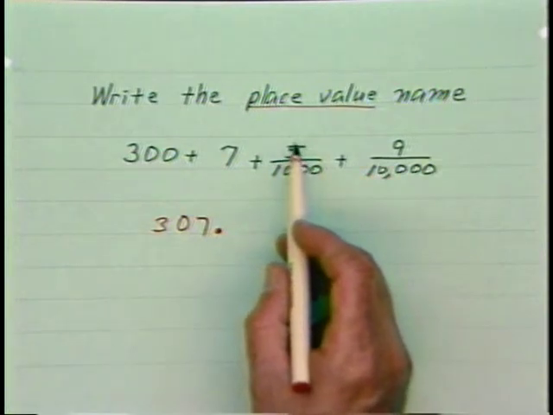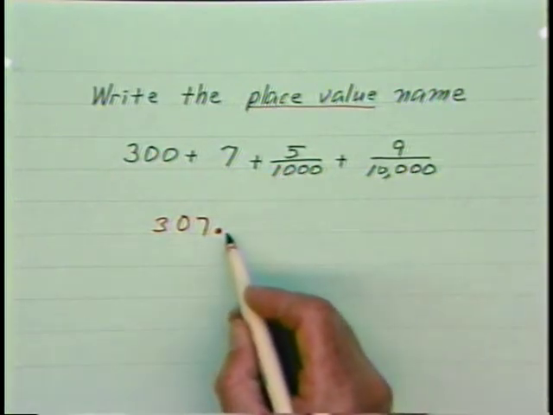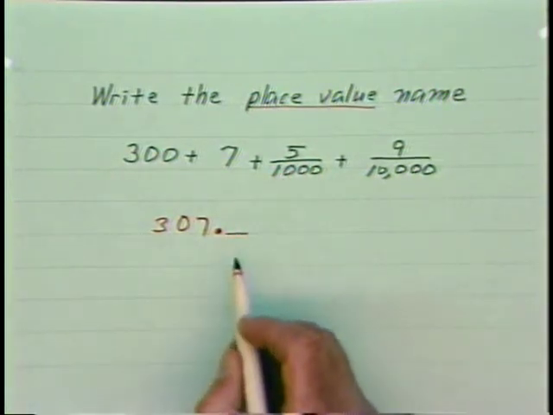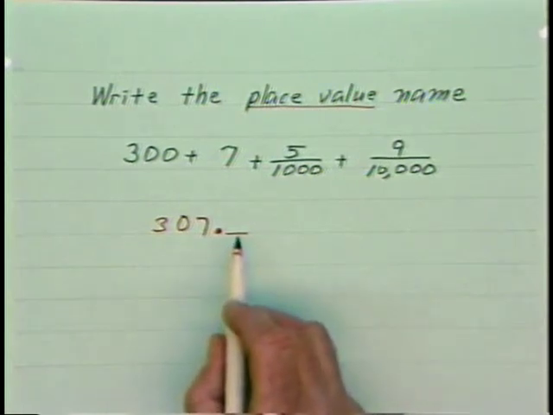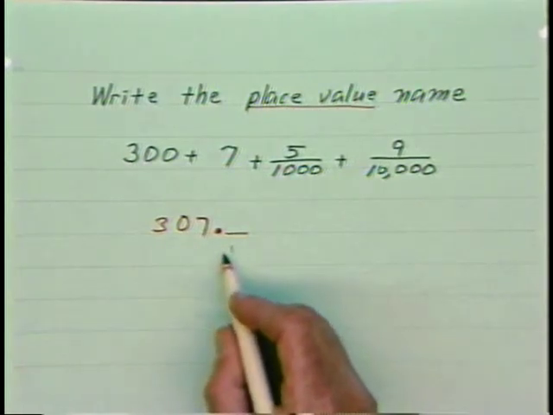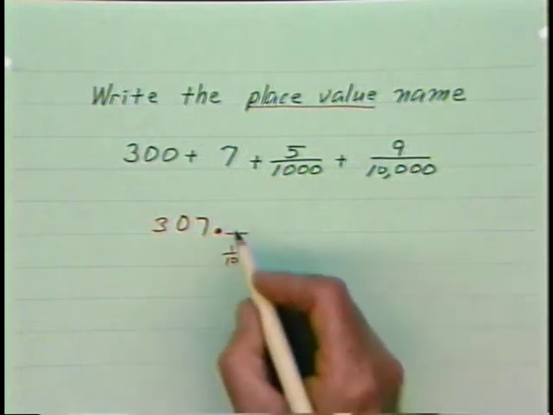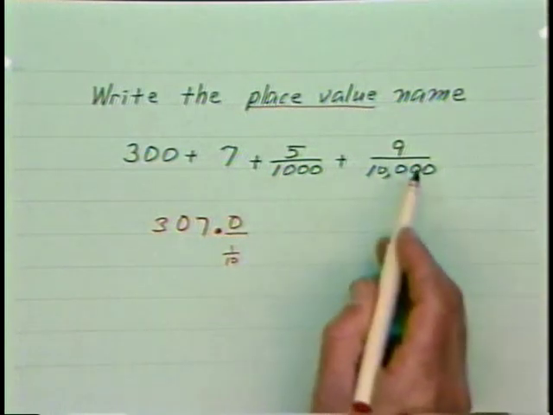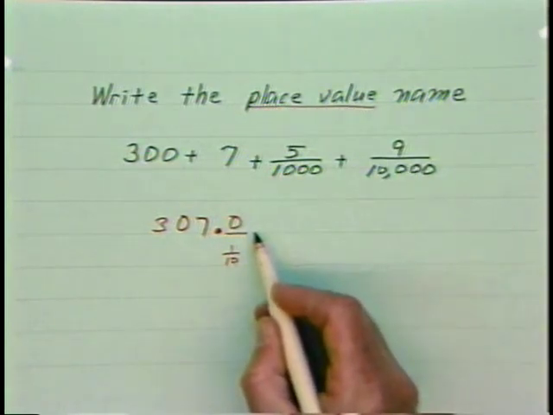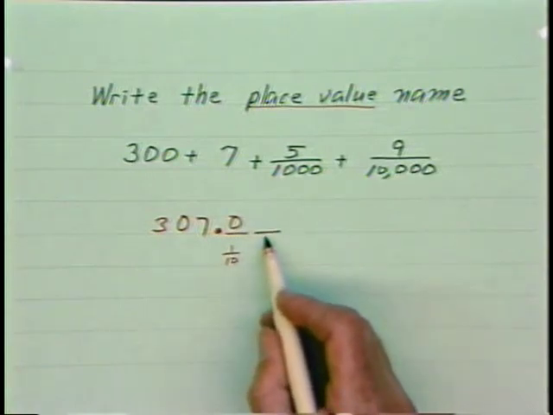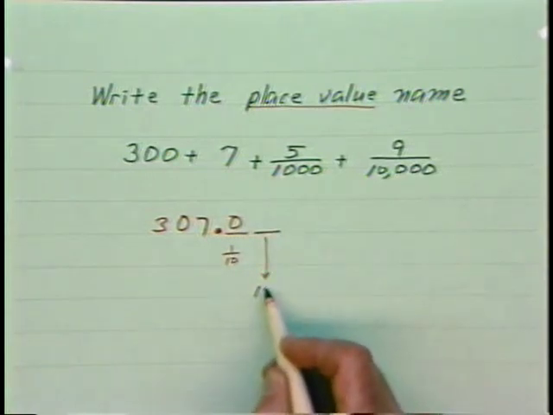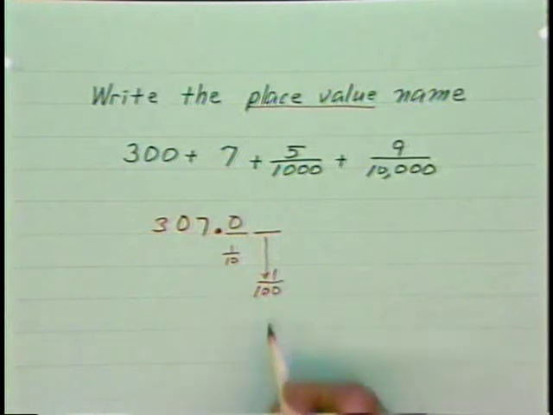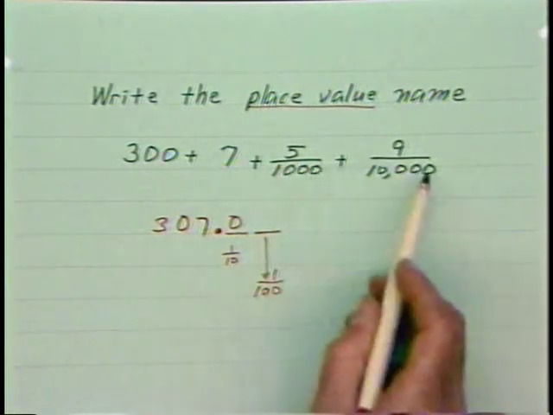I have 3 hundredths. That should be very obvious from 2 chapters ago. But this says 5 thousandths. Therefore, to put a 5 here would be an error. This is the number of tenths. Therefore, I have no tenths up here. But to put the 5 here would still be an error because this is my hundredths place, and I have no hundredths here.